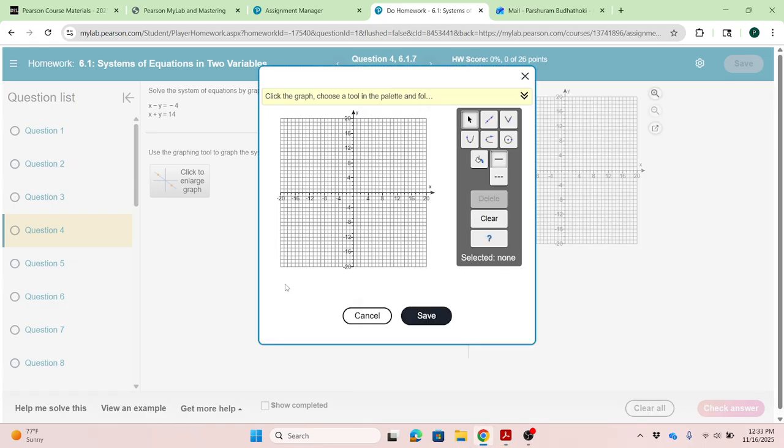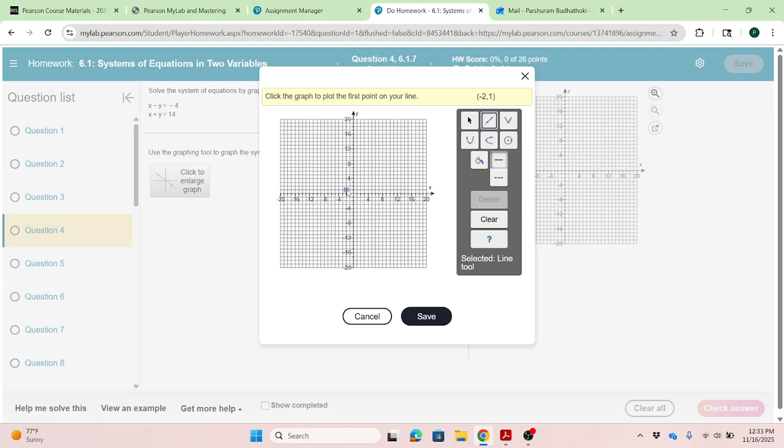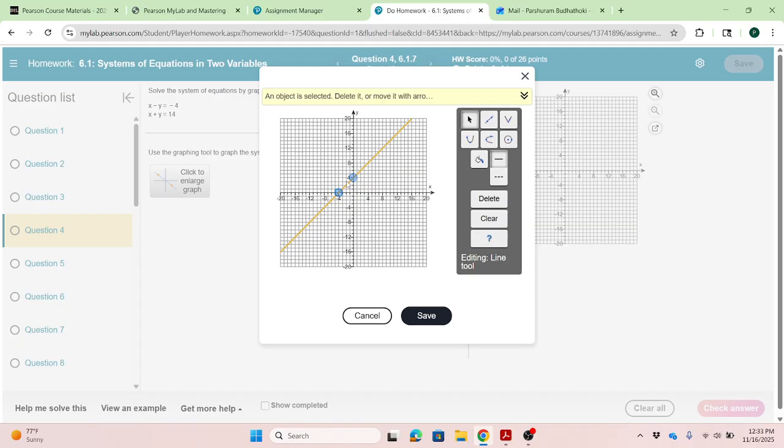I'm going to plot those 2 points here by using this line tool. 0 comma 4 is here, and if y is 0, then x equal to -4, so -4 comma 0 is another one. That's the first line.